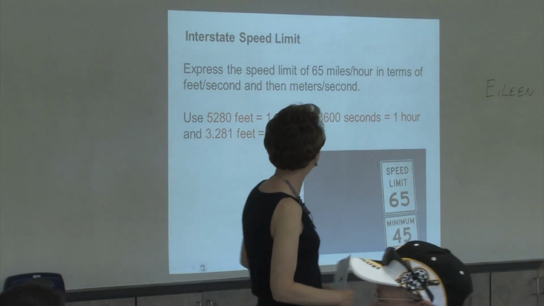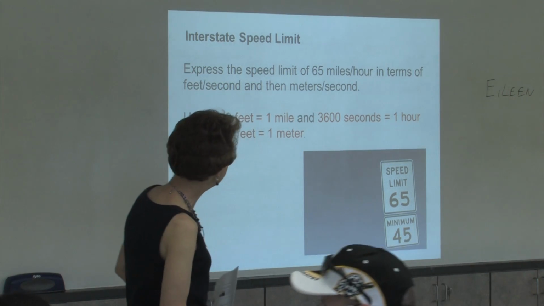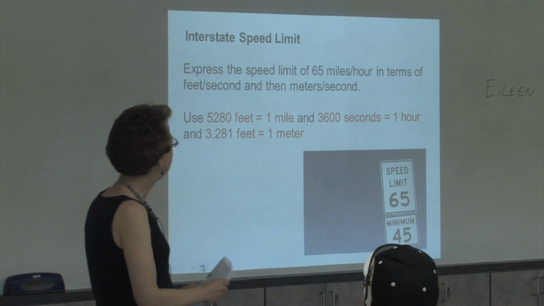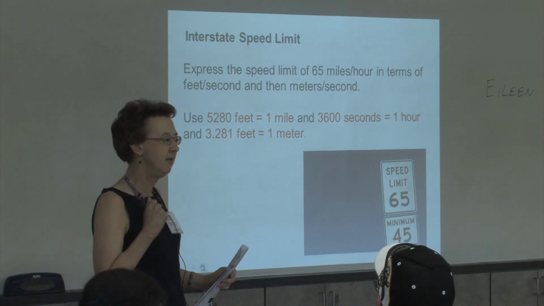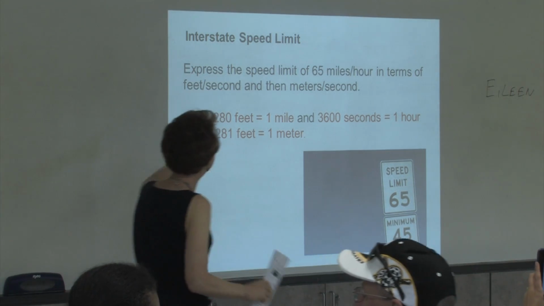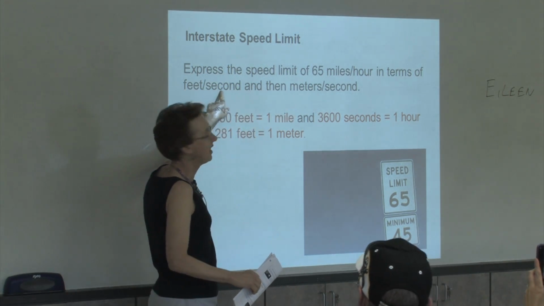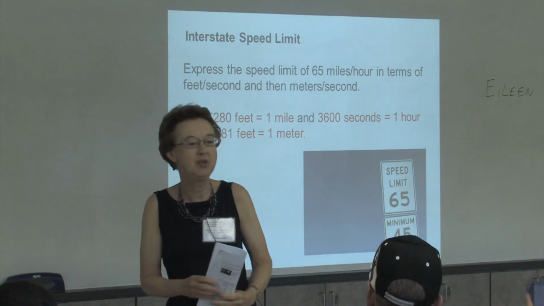It was probably a 40-mile-an-hour bridge, and she was going 65 miles an hour. Can you take that 65 miles per hour and convert it for me into feet per second? Here are the conversion factors. So what would you come up with if you do that?